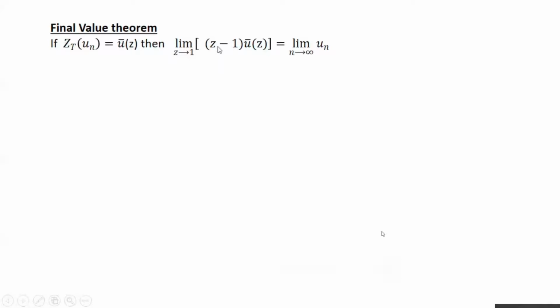Can you see that u bar of z is multiplied with z minus 1 and z tends to 1 is limit of nth term as n tends to infinity. This is a means of getting the nth term of a sequence if its z transform is known. So how do I evaluate it?